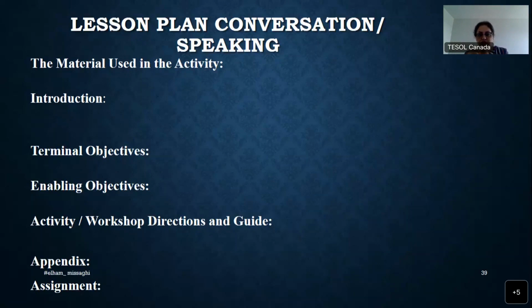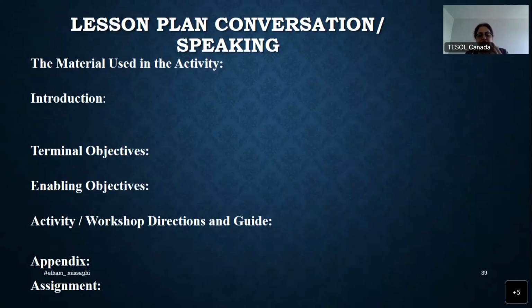So terminal objectives talk about what will happen at the end, what is the result of this session. Students will be able to talk about their daily activity, for example. Students will be able to listen to the news and discuss the main points. That is terminal objective, the main aim of the session.